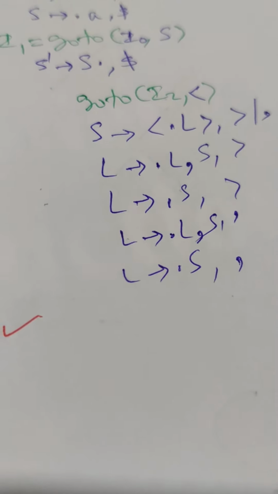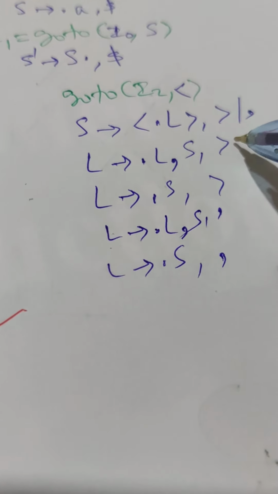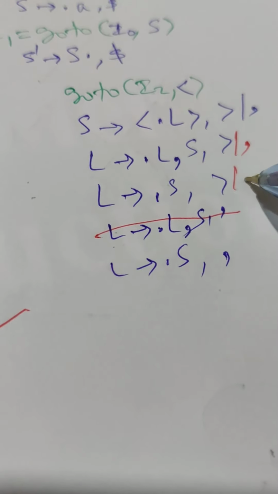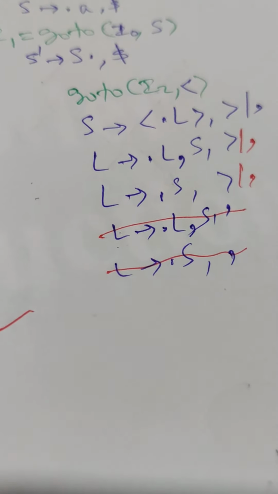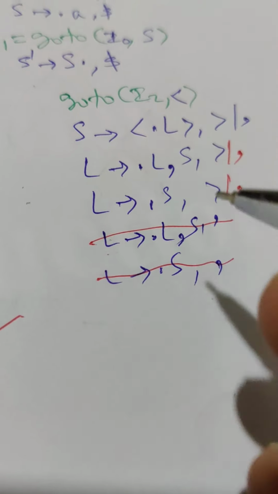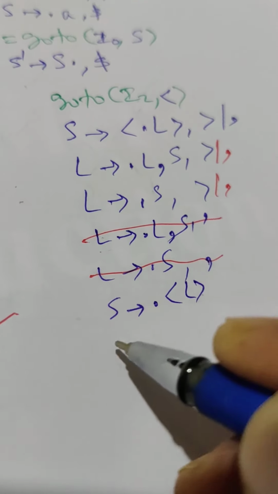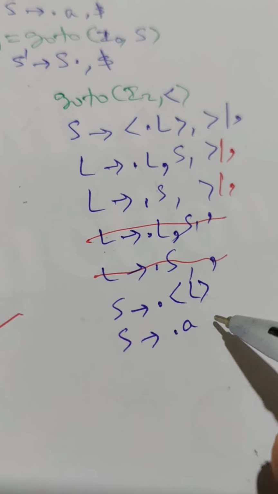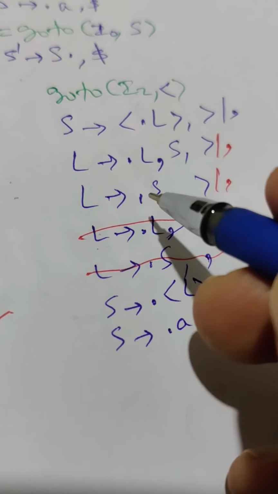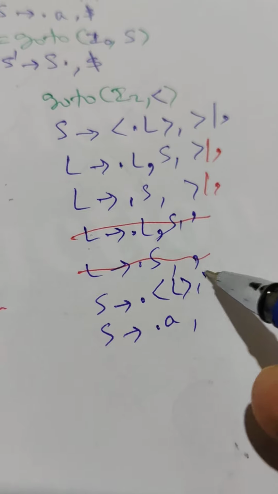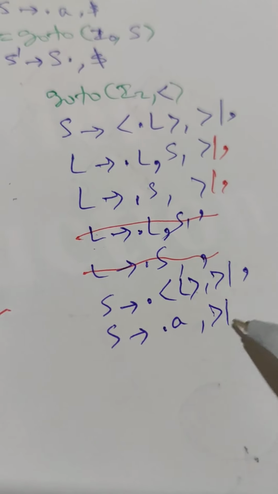Now these rules are repeating, this rule is already here, so let's go back and merge this lookahead here, comma, and cancel this. Same here with the lookahead comma, and cancel this. Now after dot we get S, so rules of S: S goes to dot bracket E and S goes to dot A. For these two rules of S, the lookahead of S is greater than or comma, so we get here greater than or comma.